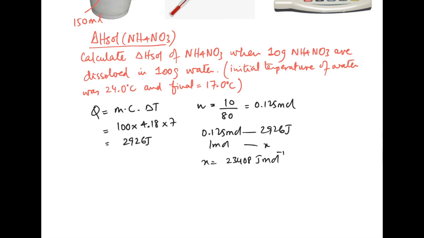But since the SI unit is kilojoules per mole, we divide by 1000, which makes it 23.4 kilojoules per mole, and the sign is positive because energy is being absorbed.